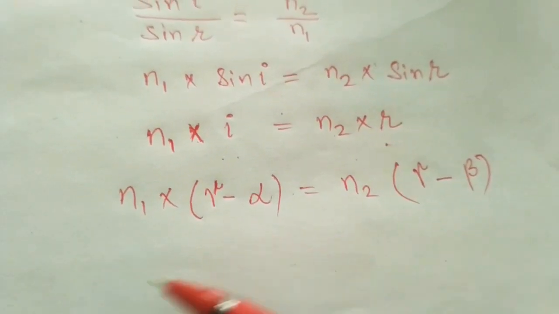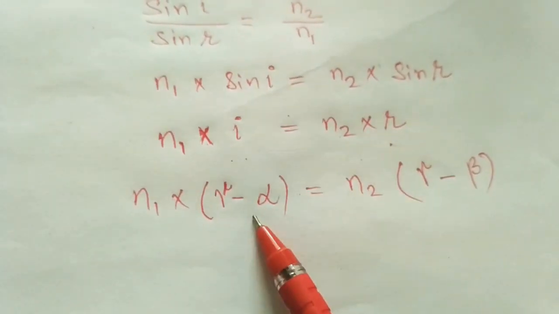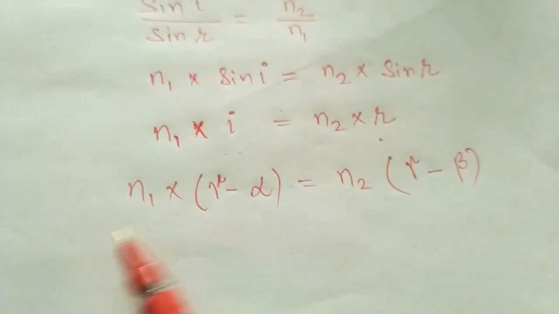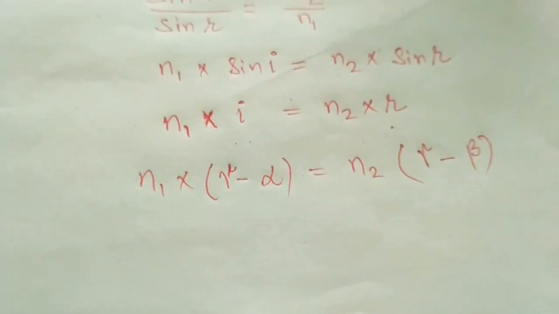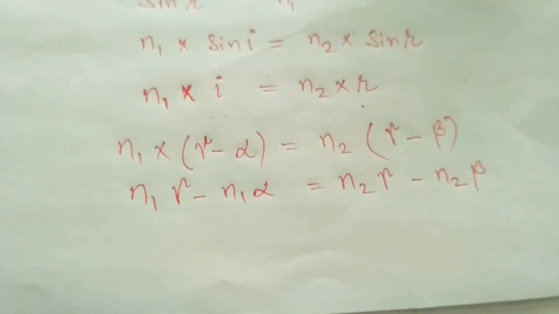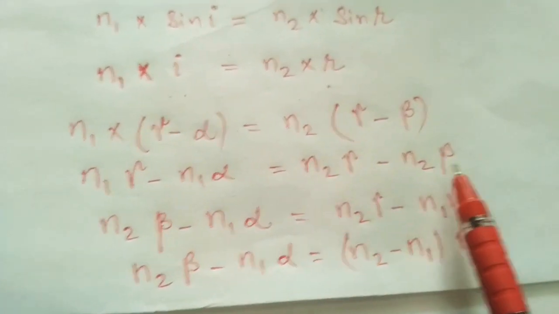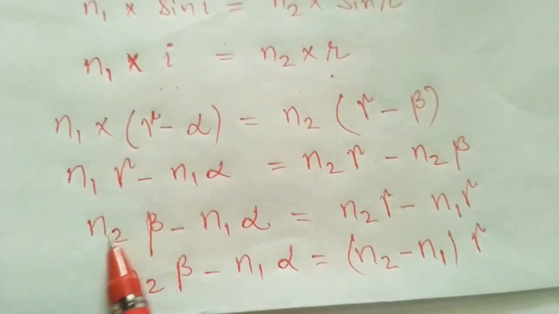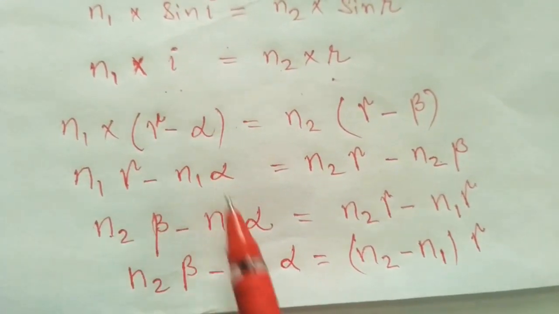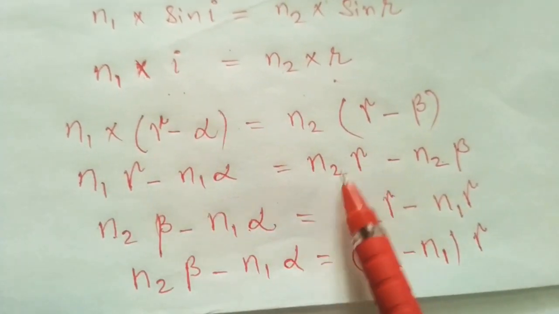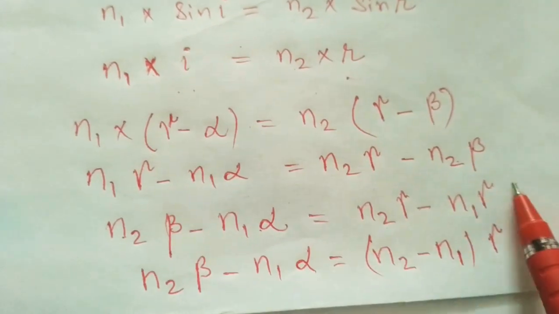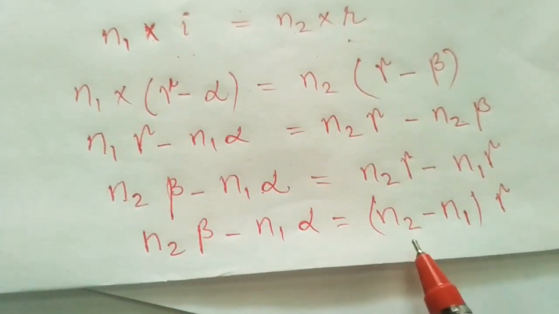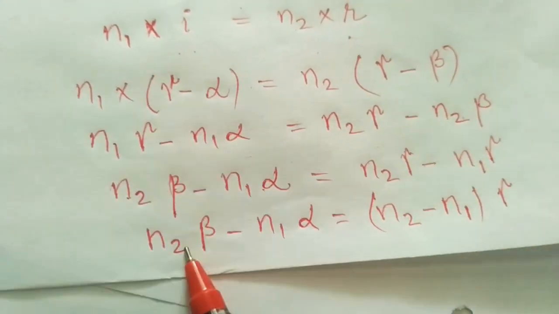Here it is, gamma minus alpha for I, gamma minus beta for R. Now opening the brackets and taking gamma on one side. Taking this N2 beta to this side becomes positive N2 beta, and N1 alpha on the same position. N2 gamma is on the same position, minus N1 gamma is coming to this side, taking gamma common, so N2 minus N1 times gamma, left side remains the same.